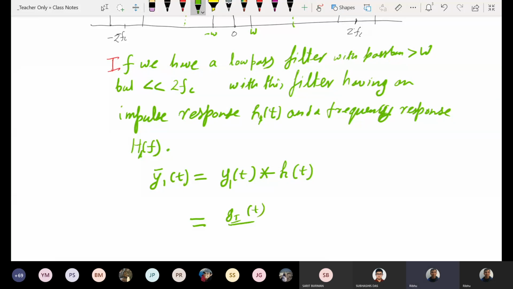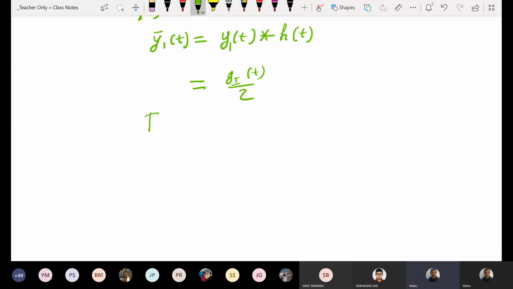Gain by 2. I set the passband gain of this filter.